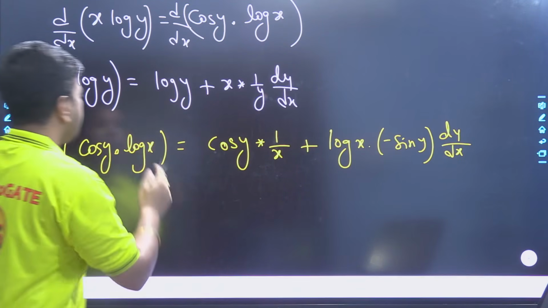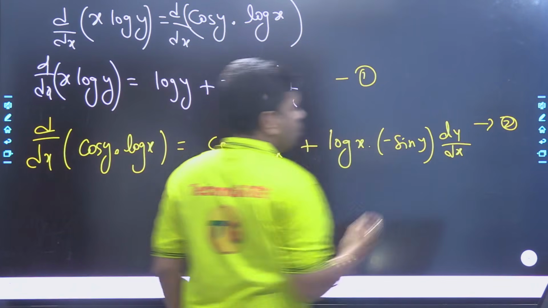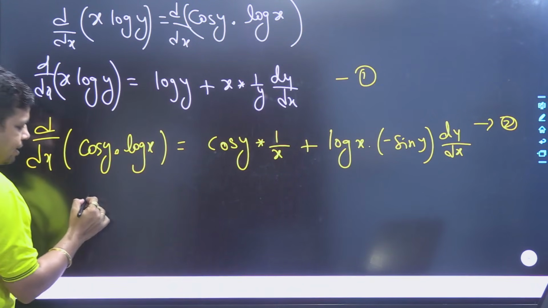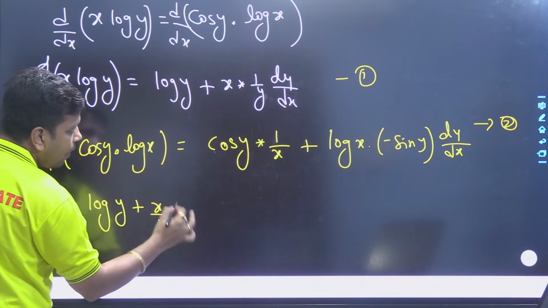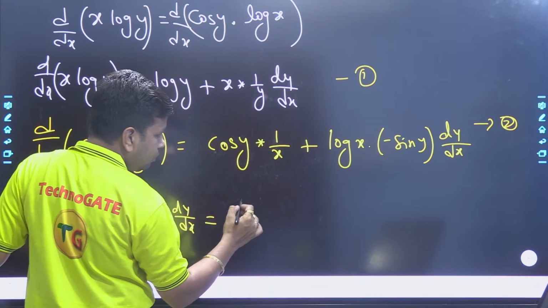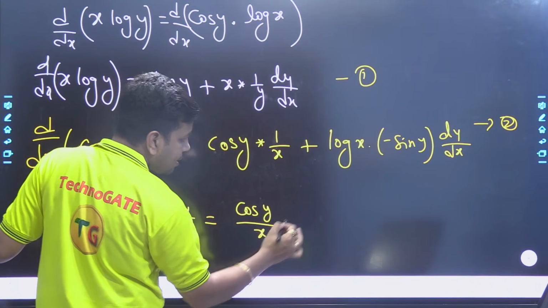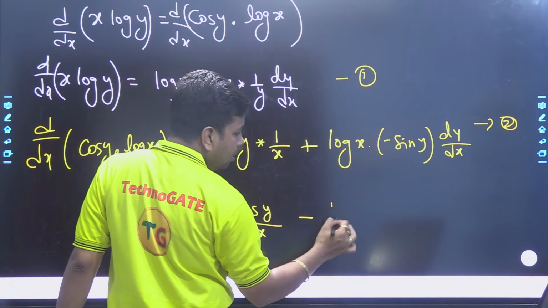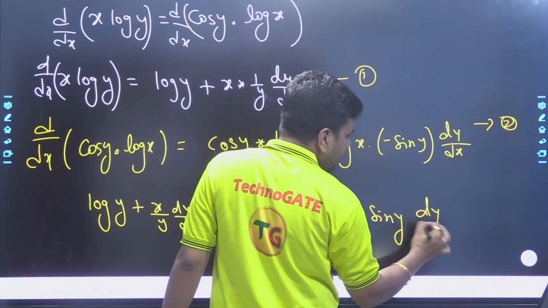This is equation number 1 and this is equation number 2. So just put the left hand side equal to the right hand side. So log y plus x by y dy by dx equals cos y by x minus log x sin y dy by dx.